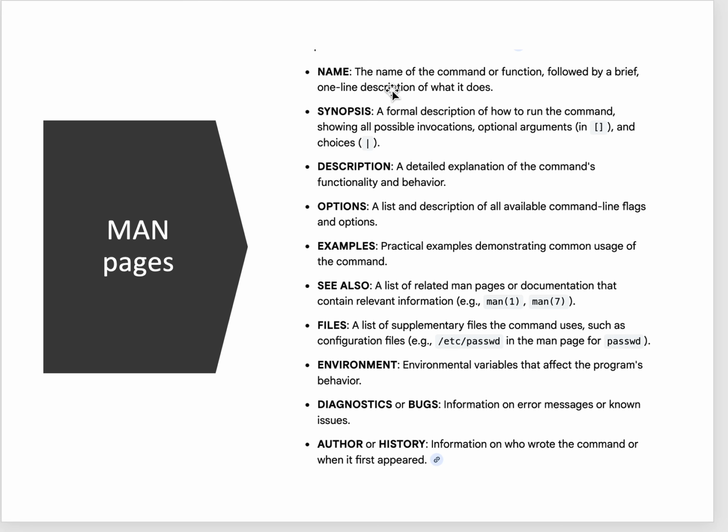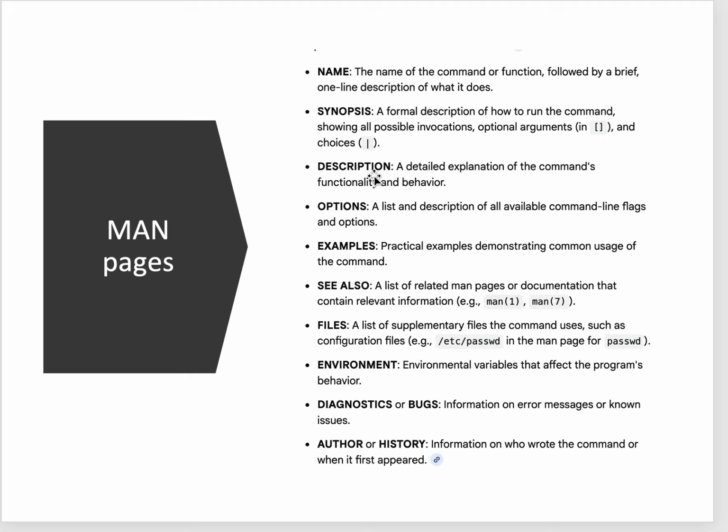Basically it's a program that somebody wrote a long time ago called ls, and that name is also what you do to activate it, so you can look at it as a command or function. Then we move on to the synopsis, a formal description of what the program does.